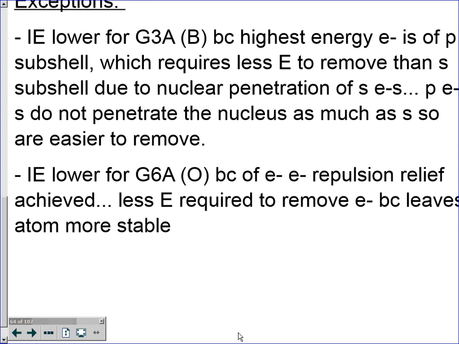So this is my big blurbs, but read and write down what you need to. We just spoke of it from the graph, but those are the most important points you need. I should say easier to remove, meaning less.